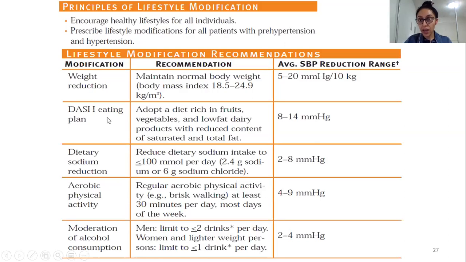Then you have your DASH diet. We'll go through the very basics of the DASH diet in the coming slides. Dietary sodium restriction. And now you know why, because I have explained to you the mechanism in the last slide. You have physical activity, aerobic physical activity, and you have moderate alcohol consumption. Okay, so all of these have been shown to have the best lifestyle modification effects for managing and addressing hypertension.